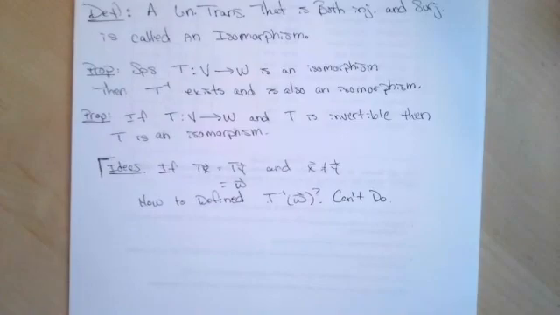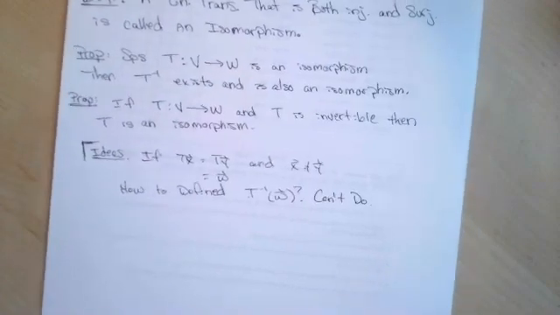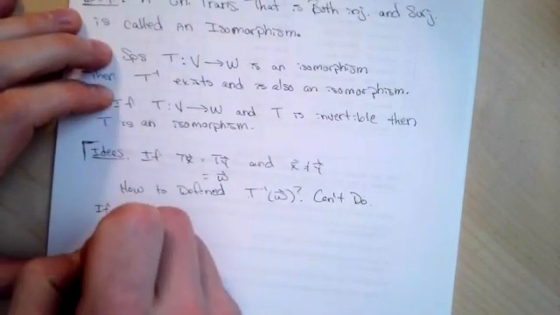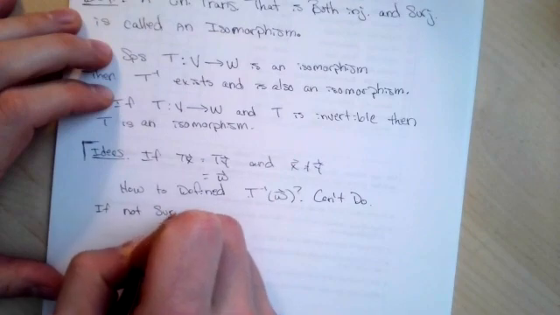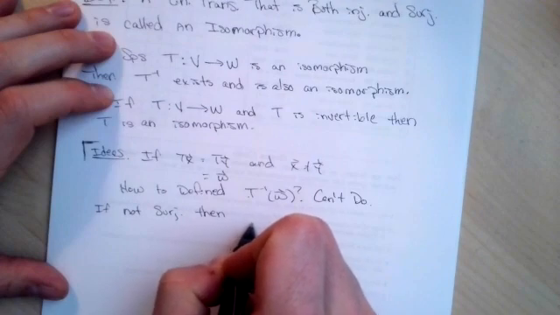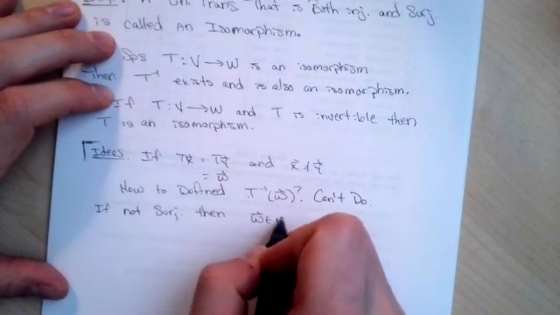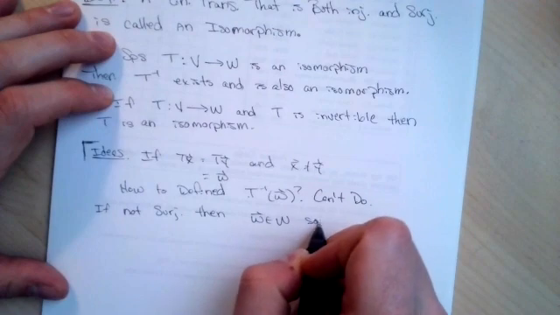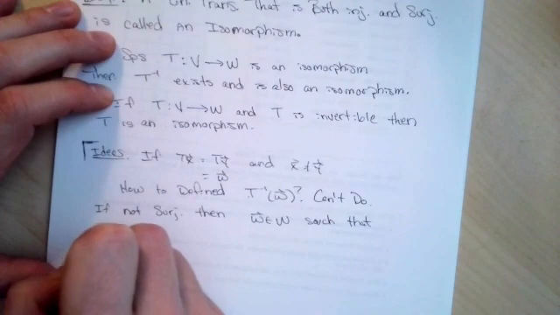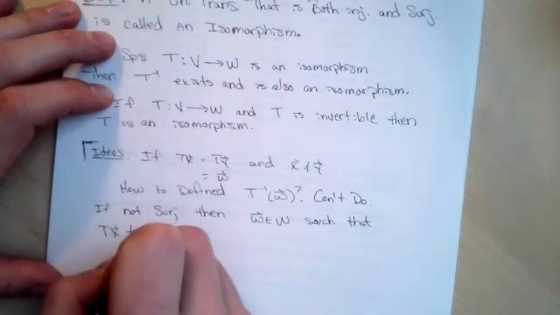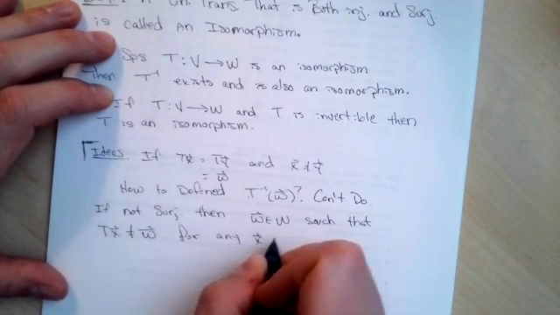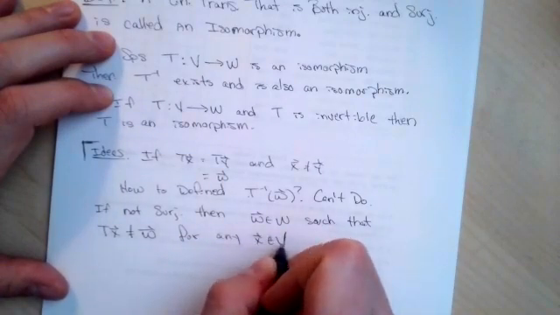And we can think about surjectivity as well, because if we are not surjective, then we have some vectors W in the image space such that T of x is never going to be W for any of the vectors in our domain.